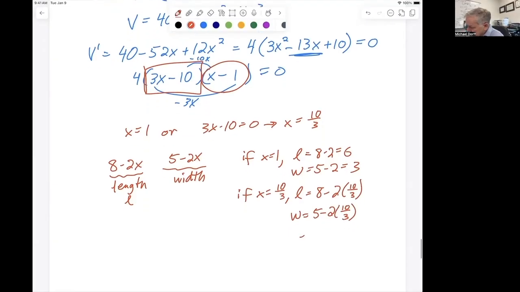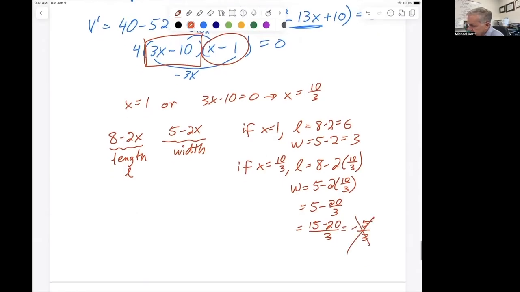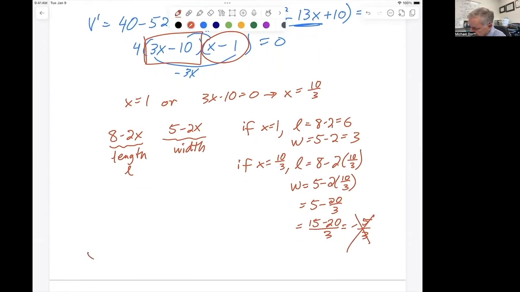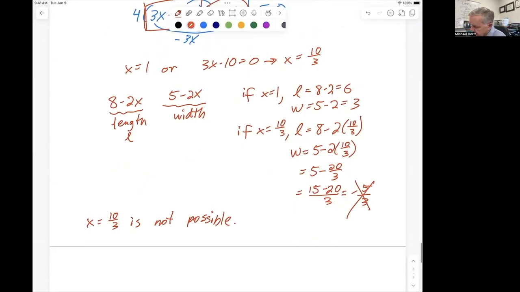That's going to be 5 minus 20 over 3, which, if I get a common denominator, is 15 minus 20 over 3, which is negative 5 over 3. Can't have that. Can't have a negative width. So the answer, x equals 10 thirds, is not possible. So that means we're just doing the case of x equals 1.